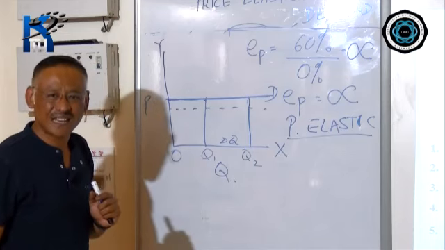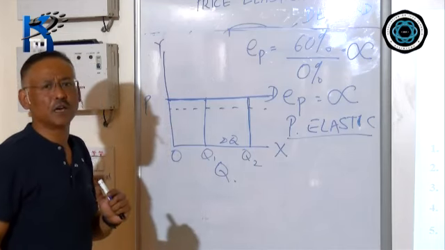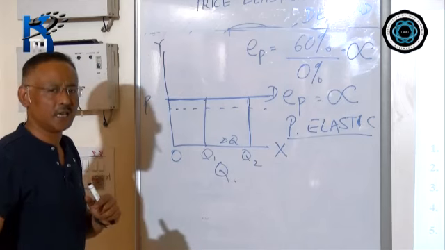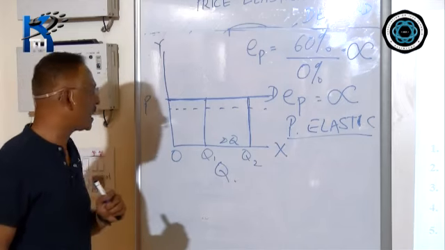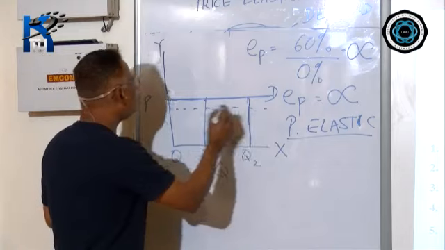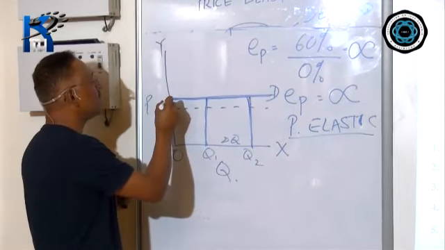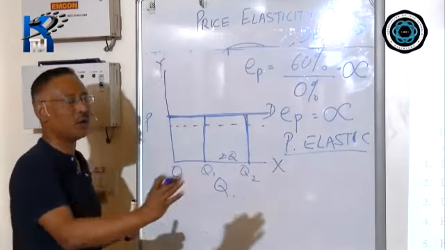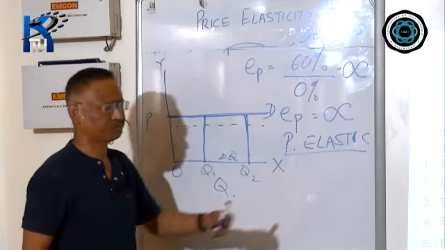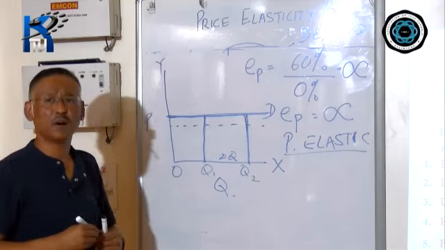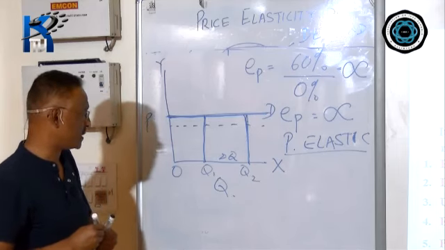Nobody wants to sell when they are making a loss, and some of the companies will leave, and there are other things that you have to understand in Forms of Market. So the price will not fall. At this price, all will buy. Anything above this price, nobody will buy. Perfectly elastic takes place in a perfectly competitive market.